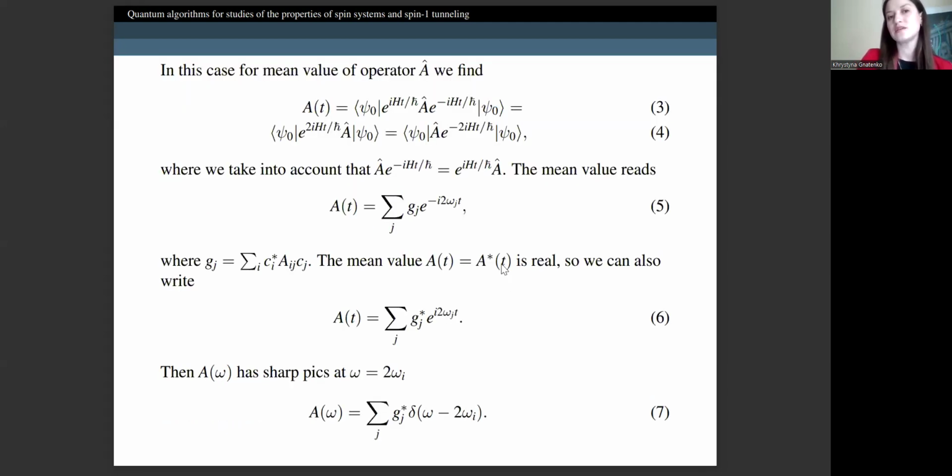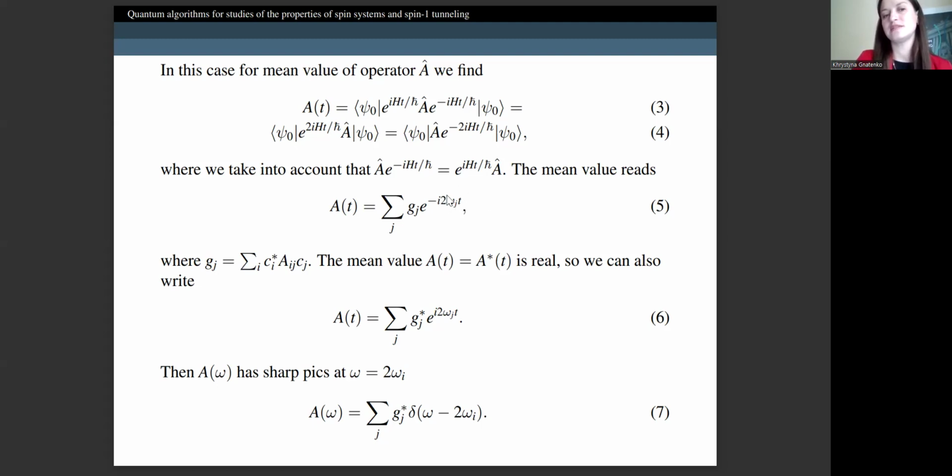This is because if you consider the mean value of this operator which anti-commutes, and if you consider a simple representation, as we often do in quantum mechanics, we can rewrite this mean value with omega.